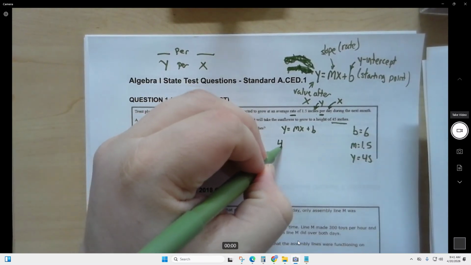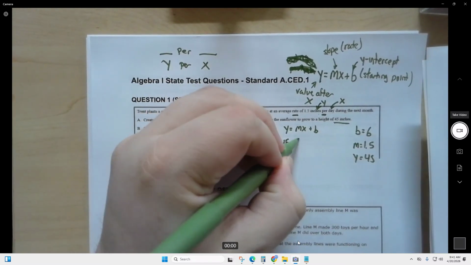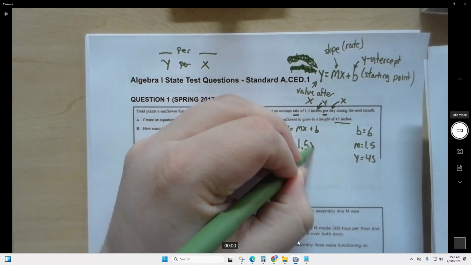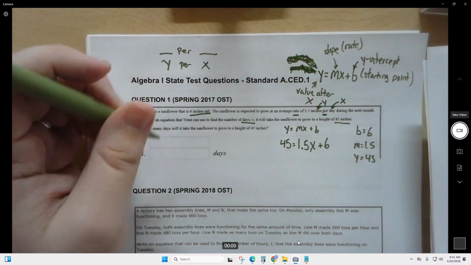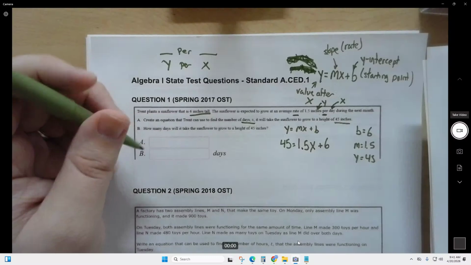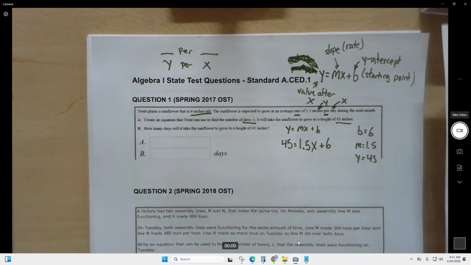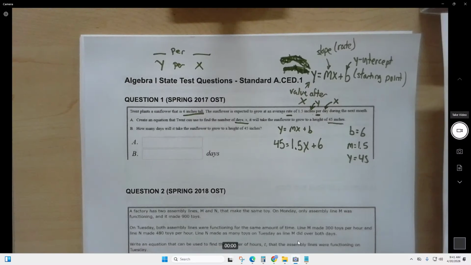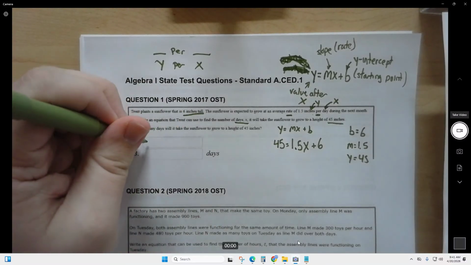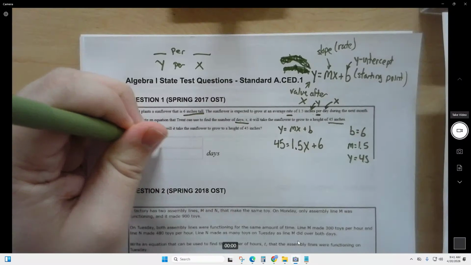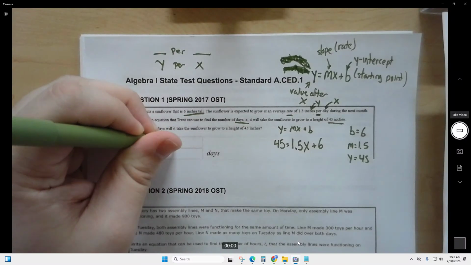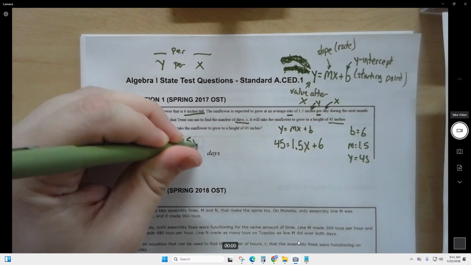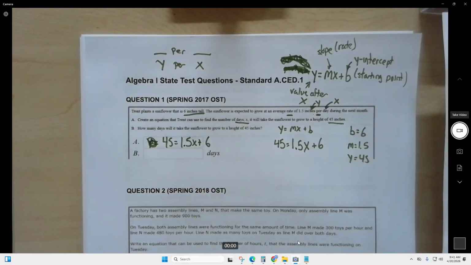So now we just have to put this all in. 45 equals 1.5x plus 6. This part, the actual writing of the equation, Desmos can't do for you. You're going to have to figure out how to do that on your own. Not y equals, 45 equals 1.5x plus 6.